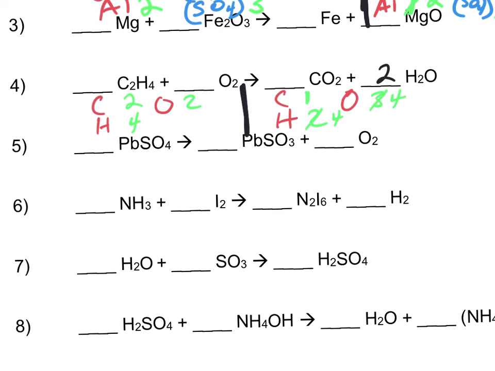That's kind of nice. So what I've got now is something a whole lot easier to work with because I have an even number and an even number. There's nothing I can multiply, because this is 2 oxygens here, there's nothing I can multiply this by to get an odd number. So I had to make it even. The only thing that needs fixing is carbon. So I'm going to throw a 2 here, and I now have my 2 carbon.